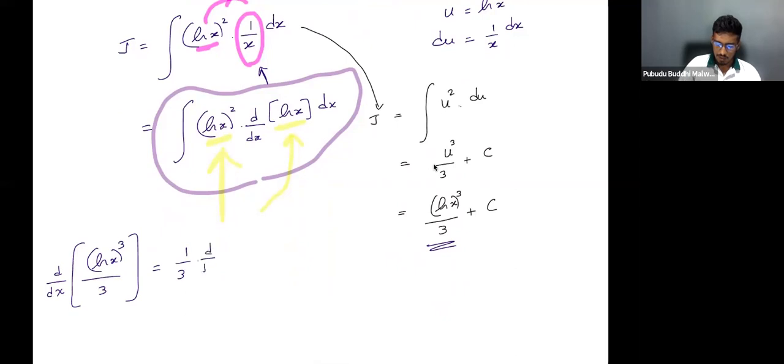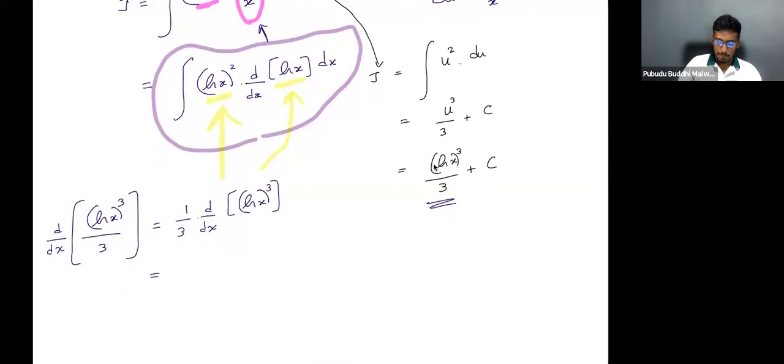Then I think we can apply the chain rule because this is a composite function. Initially differentiate the outer function. For the outer function, that is x to the power of 3. That's a different topic, right? If you have doubts, I'll explain that later in a different video.